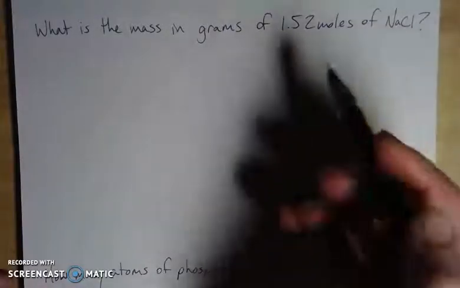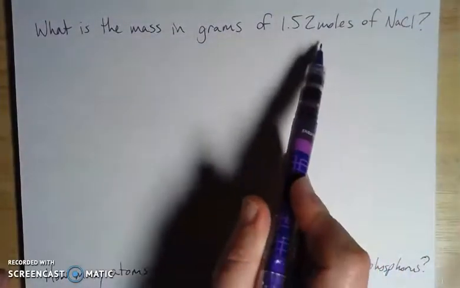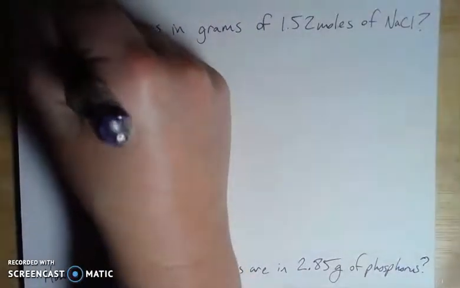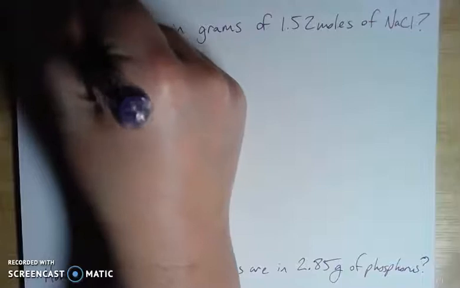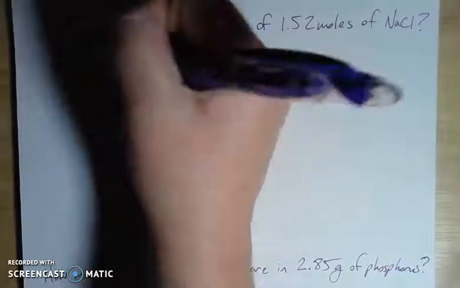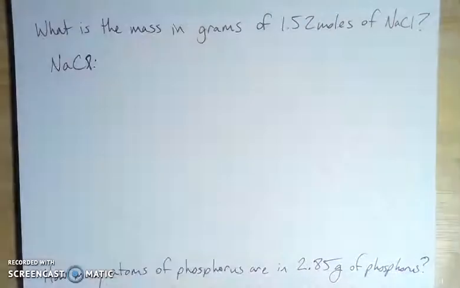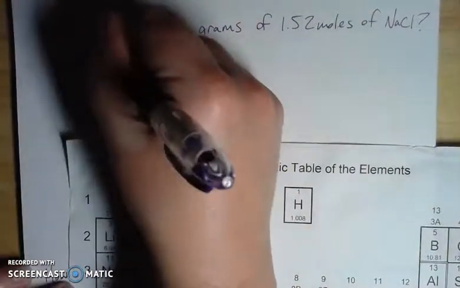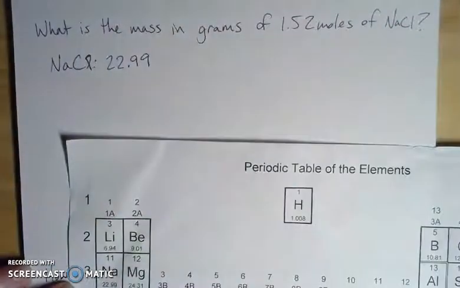So the first thing that I need in order to find grams is I know how many moles I have, so I need to know that molar mass again. So then I'm going to go back to the periodic table. So here's my compound. I'm looking at sodium chloride. Oops, let's make that a loopy kind of L. That's a chlorine, believe it or not. Okay, so my sodium is 22.99.